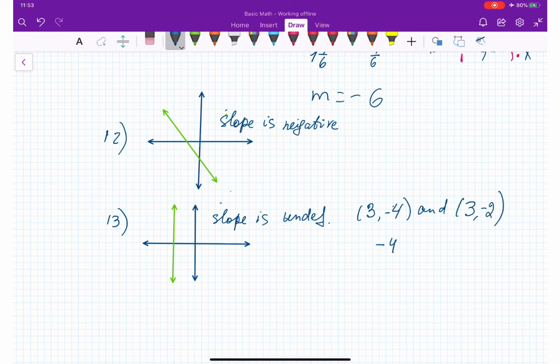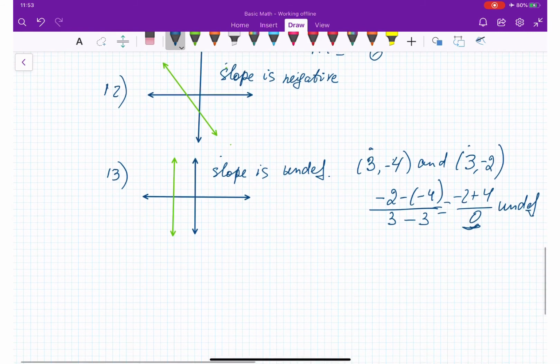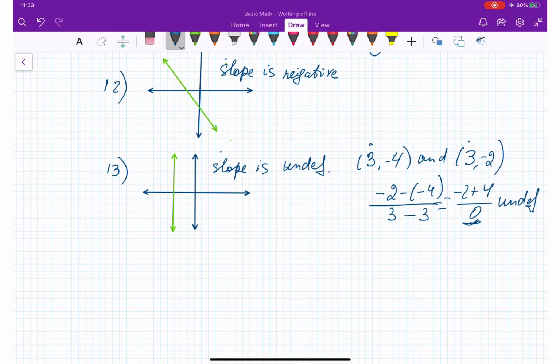Okay, so we're going to get -2 minus -4, and in the denominator we're going to get what? This 3 minus this 3, right? So we get -2 plus 4, but here we get 0. That's where we get undefined. And the line is going to be vertical, going up.